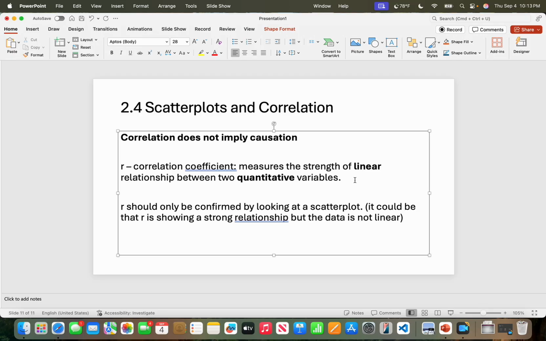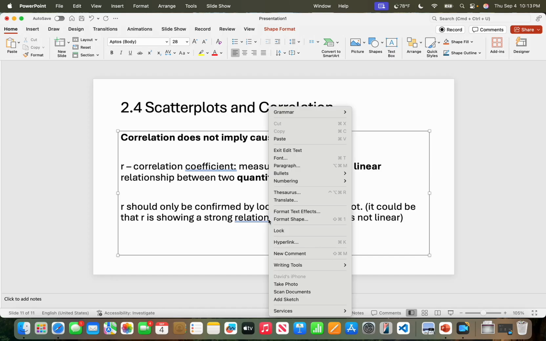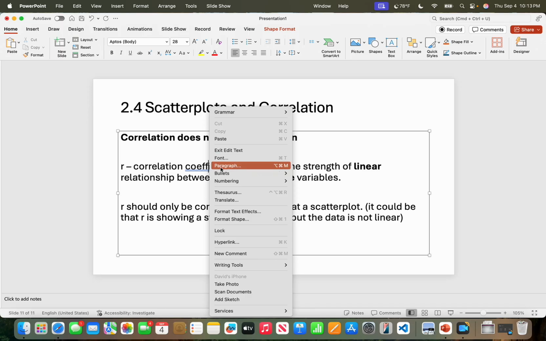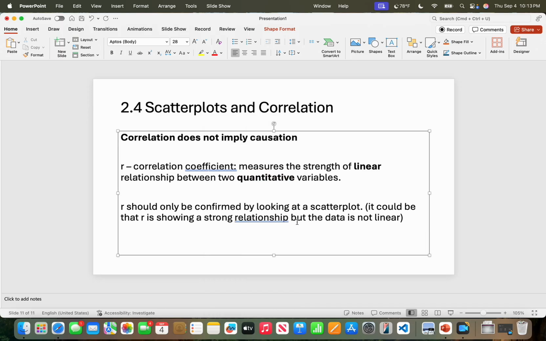But the way you calculate this relationship between two variables, just due to the math of it, you could get some strong looking relationships out of R, but it might not be that you actually have a strong linear relationship, right? We need to look and make sure it's linear when we then look at the measurement of R.